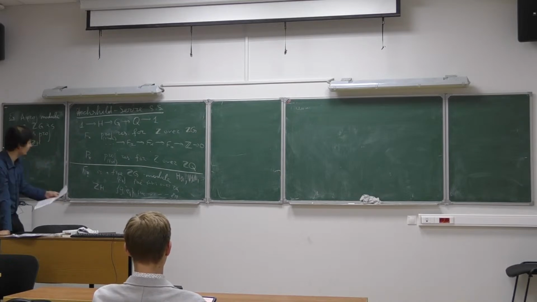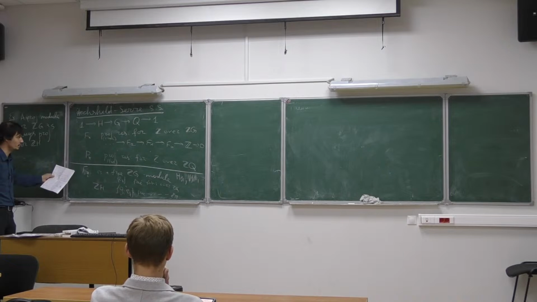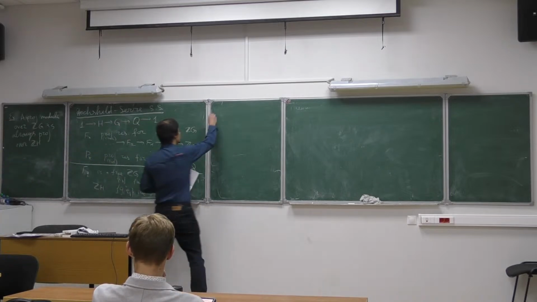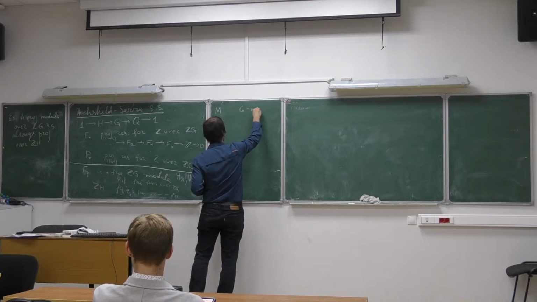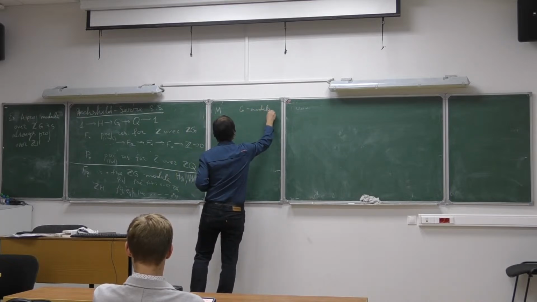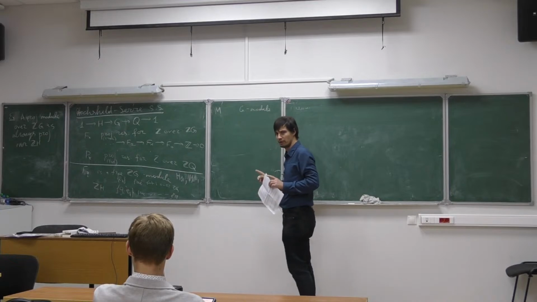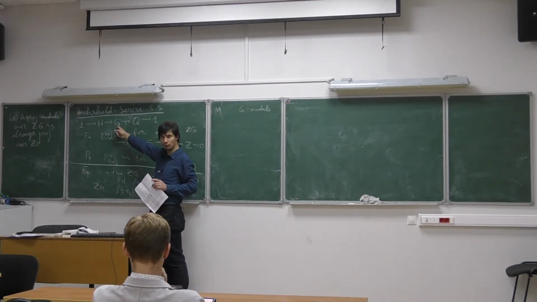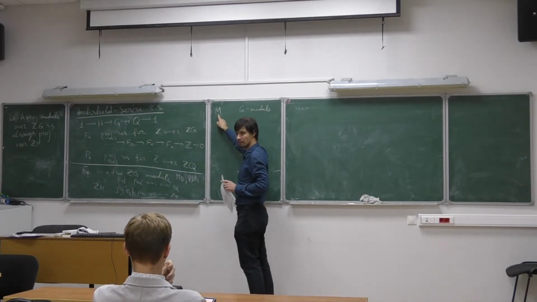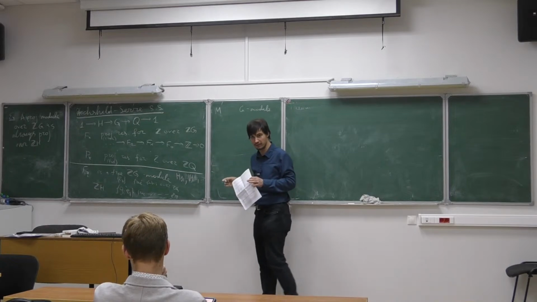now the following. This is almost what we need, but we also need some G module. So suppose that our goal is to compute homology or cohomology of the group G with coefficients in M. This is what we want.